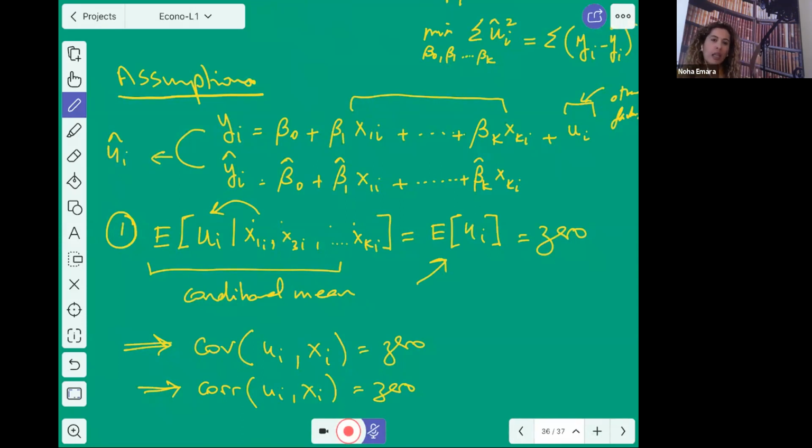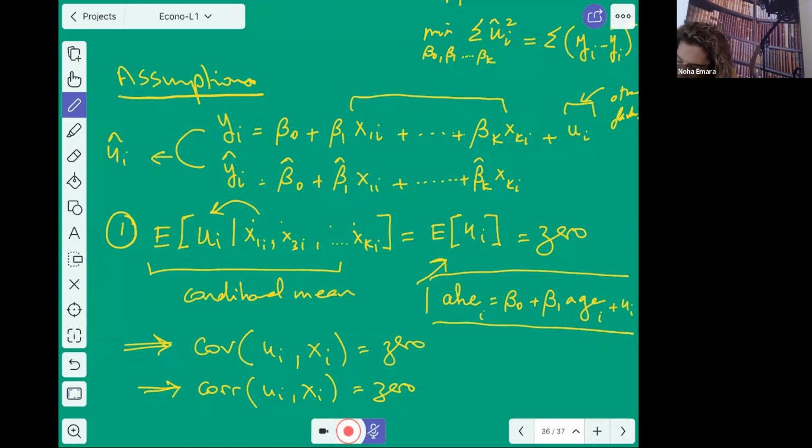If I have average hourly earning, which is like salary, for example, or the wage, as a function of age, and that's it, and this is the error term, based on the assumption that I have just discussed, it simply says that there is no connection between other factors that I'm not including in the model and age.